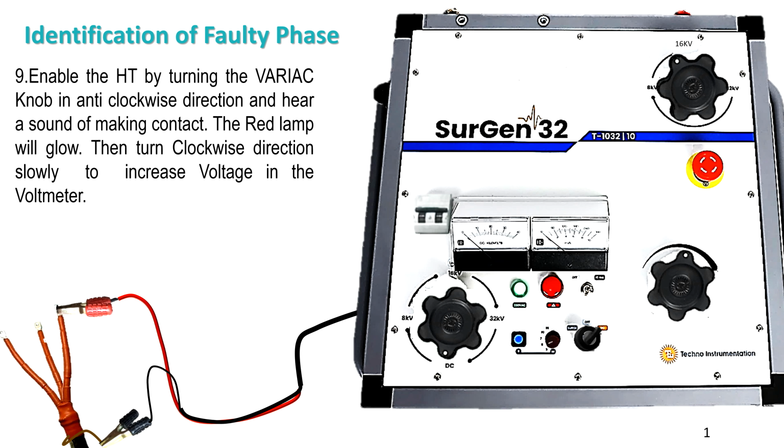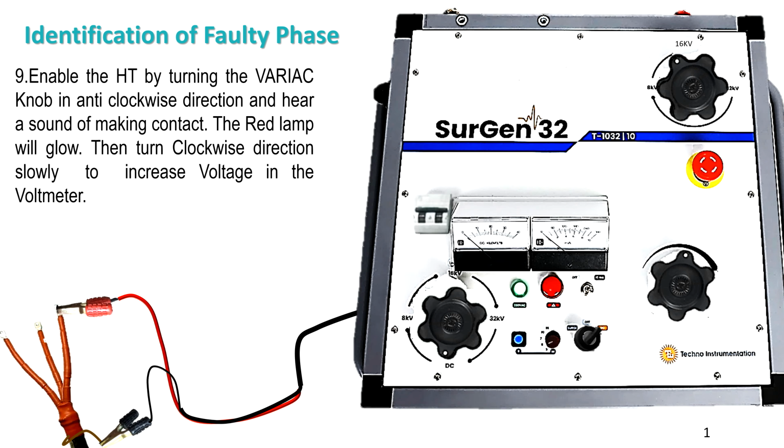Enable the HT by turning the variac knob in anti-clockwise direction and hear a sound of making contact. The red lamp will glow.